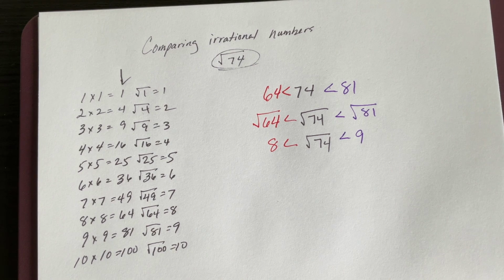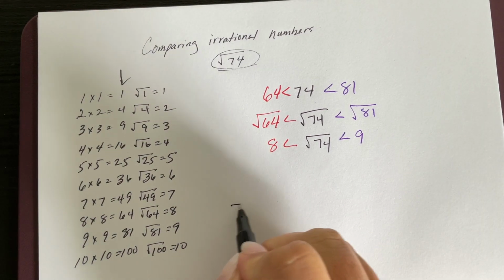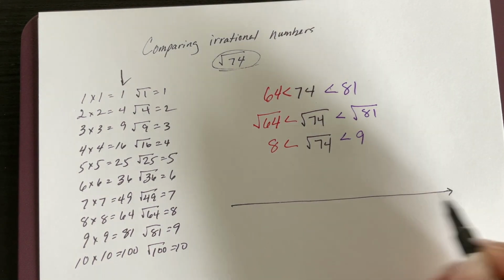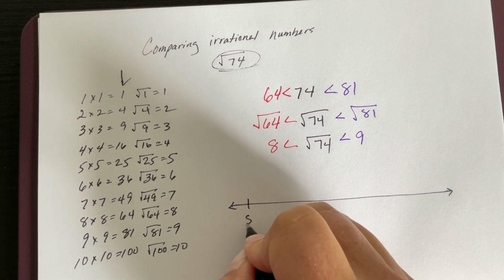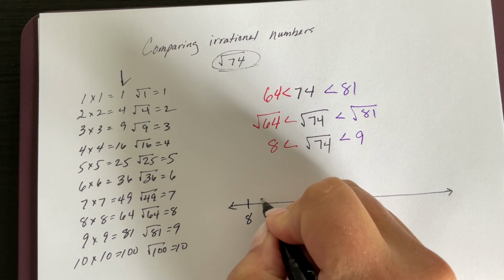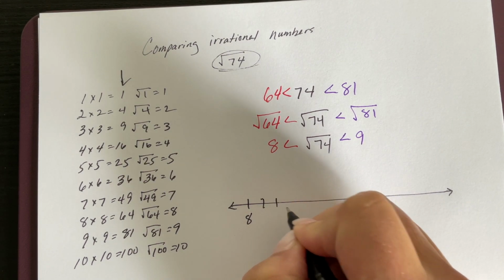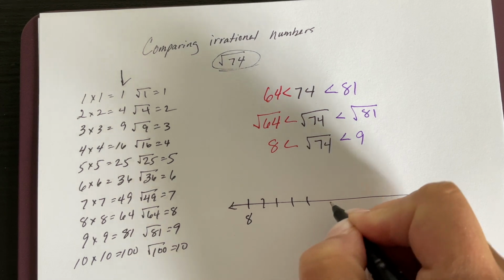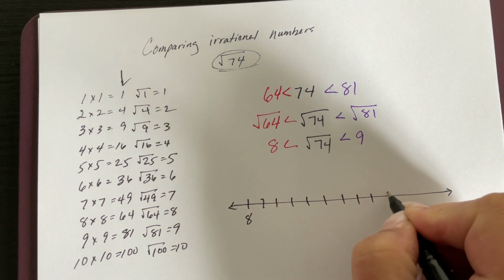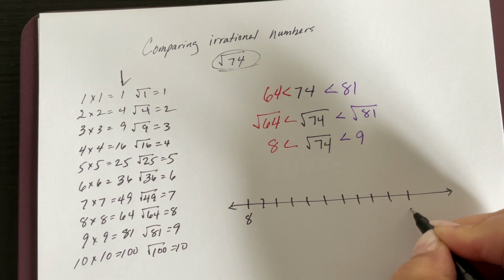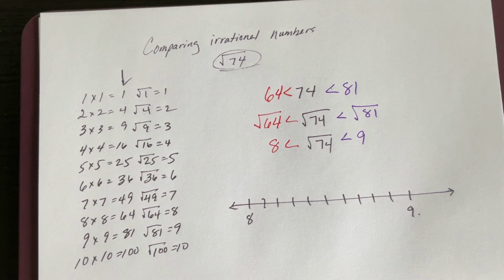I'm going to go ahead and create myself a number line where 8 is down here. We got 8.1, 8.2, 8.3, 8.4, 8.5, 8.6, 8.7, 8.8, 8.9, and there is our 9.0.